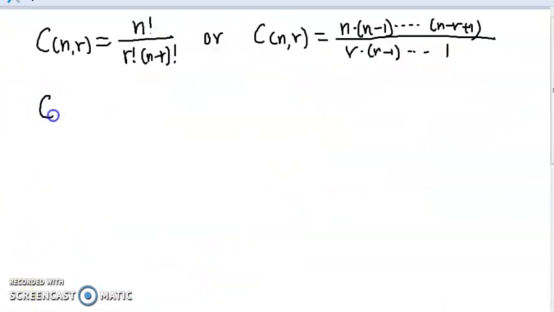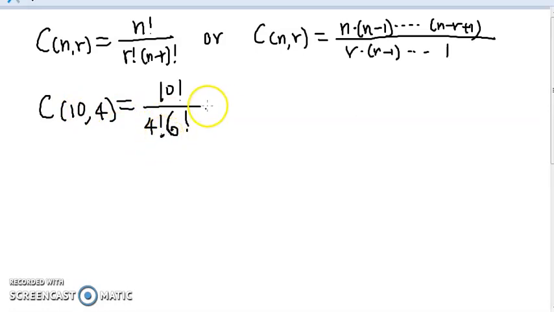If I want to do C(10,4), let's first use the factorial formula. The top will be 10 factorial, divided by 4 factorial and 10 minus 4, 6 factorial.